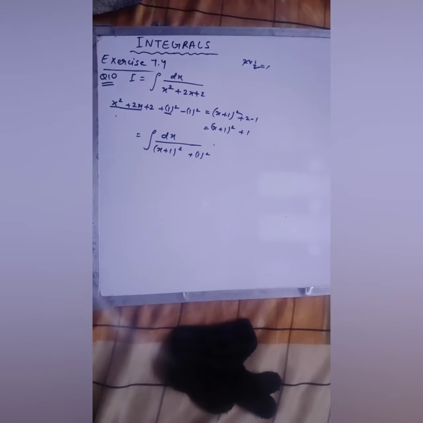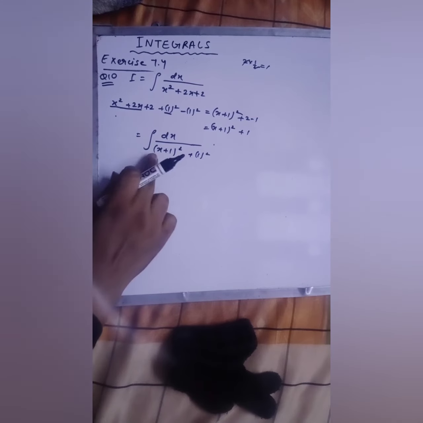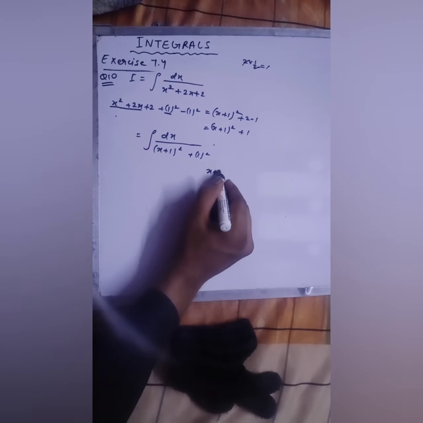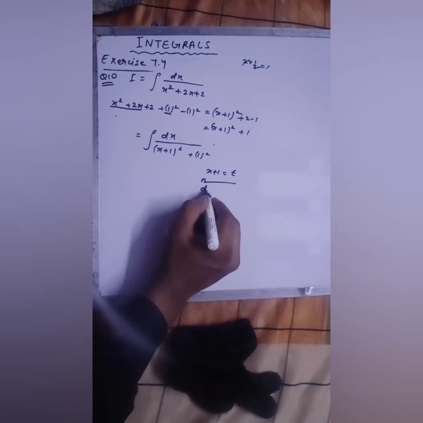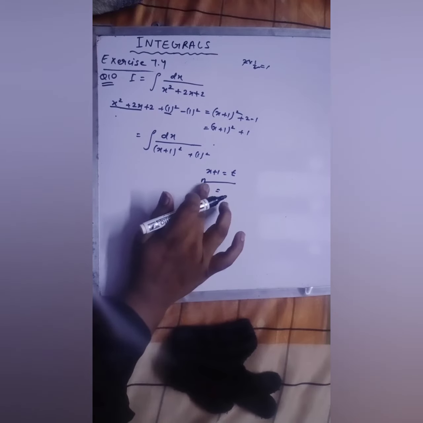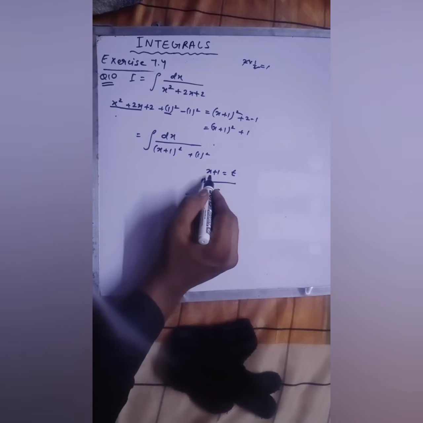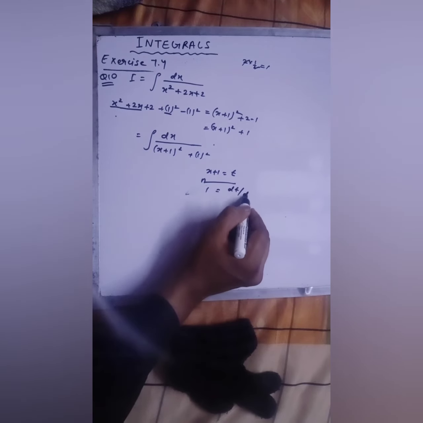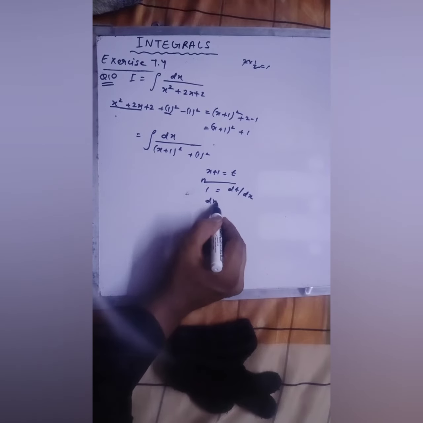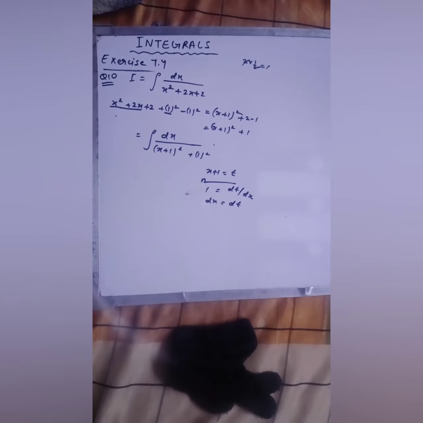Okay, now what you have to do, I'm assuming that this x plus 1 is equal to t. Now differentiating both sides with respect to x, here you will get 1 only, because the derivative of x is 1 and of 1 is 0, and this would be dt by dx, and finally you will get dx is equal to dt.